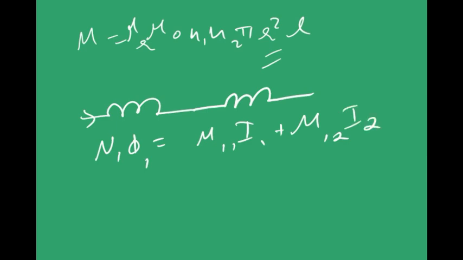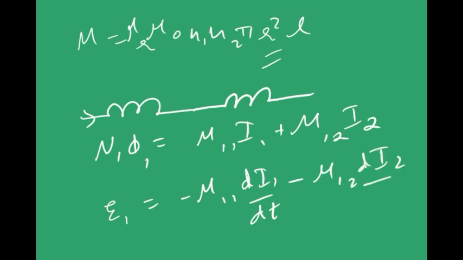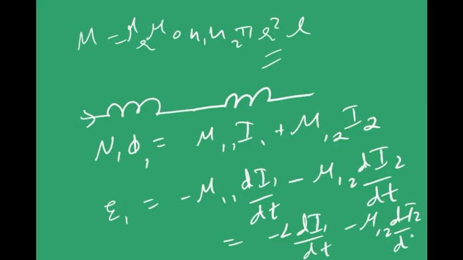So from this what we can say, the induced EMF in the first one will be minus M11 di1 by dt minus M12, and here you have di2 by dt. You have to take the effect of both the solenoids, which is nothing but minus L di1 by dt, and here you have the same. Hope everything is clear till now.